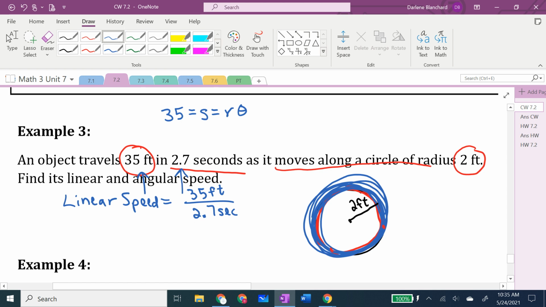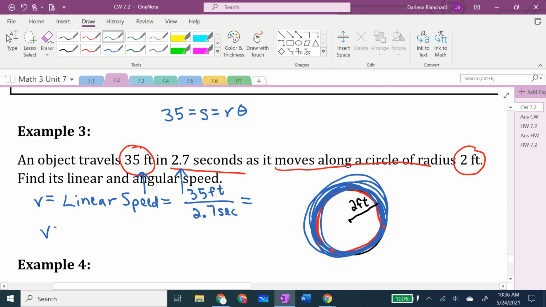So what is 35 divided by 2.7? From there, once we get that answer, what is the relationship between linear and angular speed? My linear speed is represented by v.